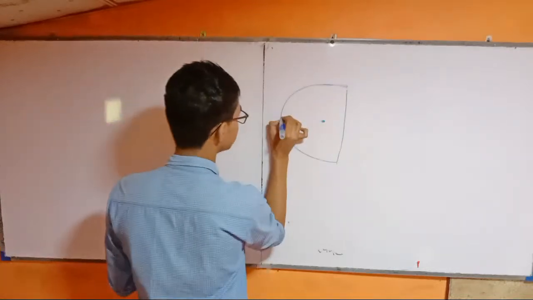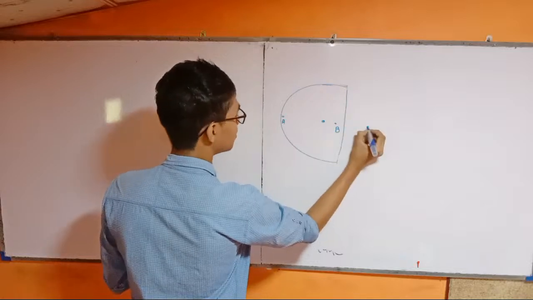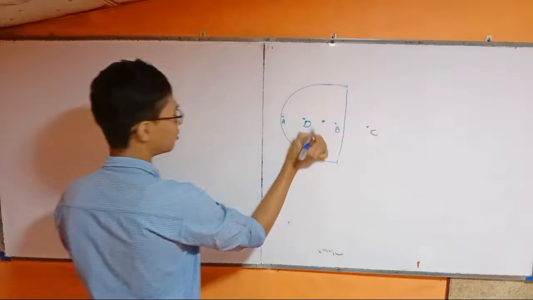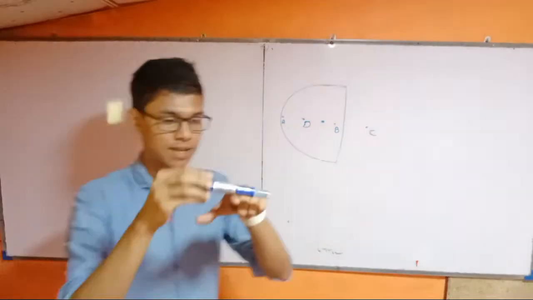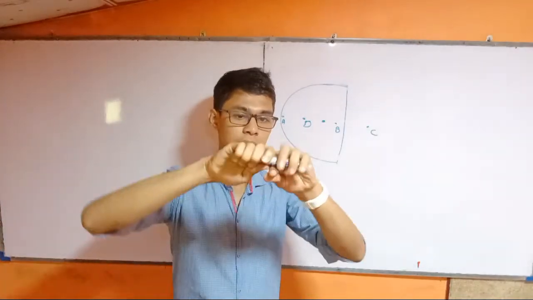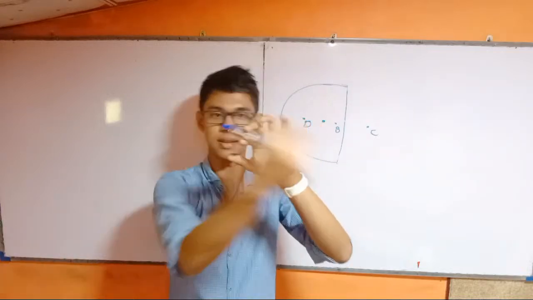Is it at position A, B, C, or D? Now I am balancing this marker. If I remove the clip, the center of gravity has moved in this direction.